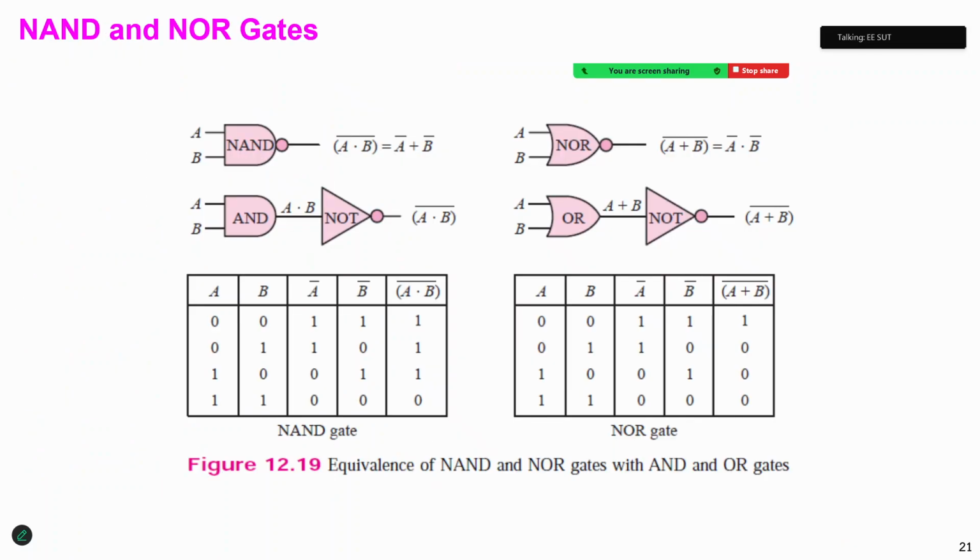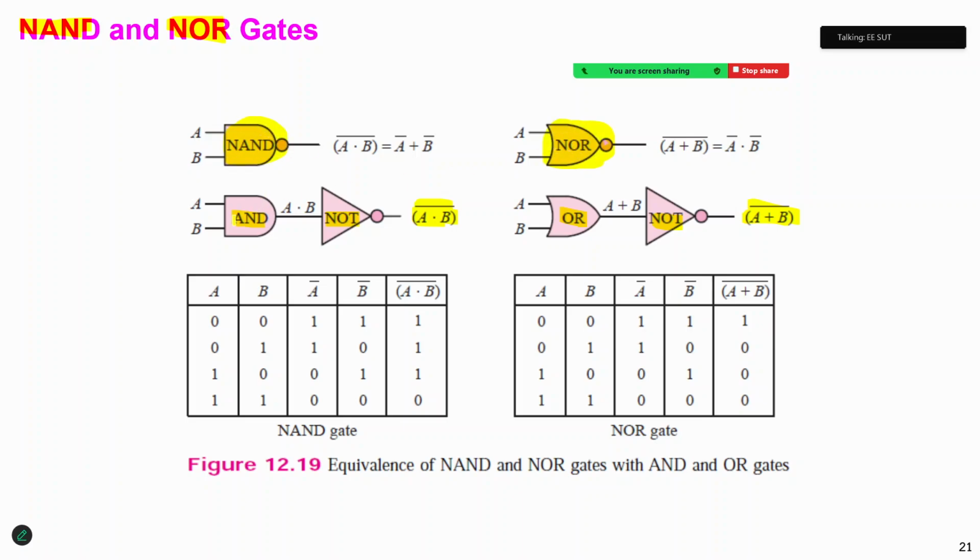Okay. Then we also have two other types of gate. We call them NAND and NOR gate, which are AND and then NOT, and OR and then NOT, the inverses. We can use this symbol. This is the symbol for the NAND gate, and this is the NOR gate.